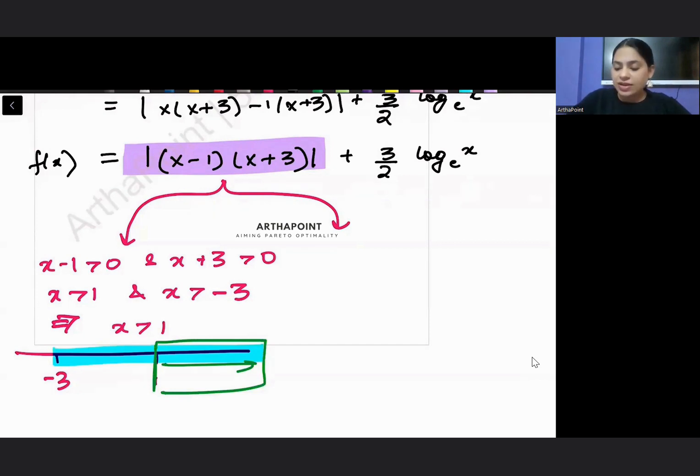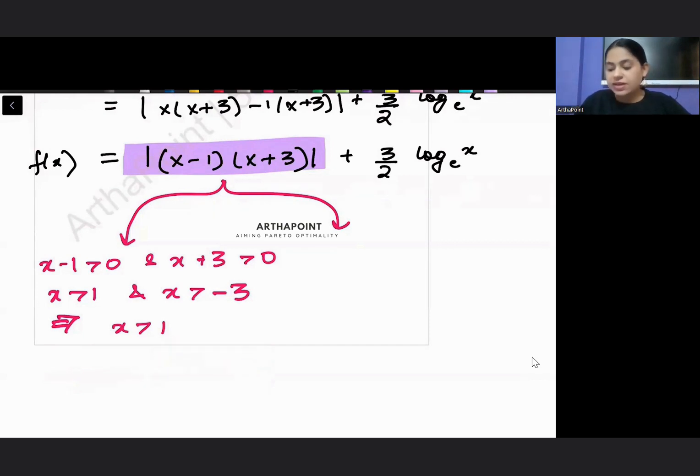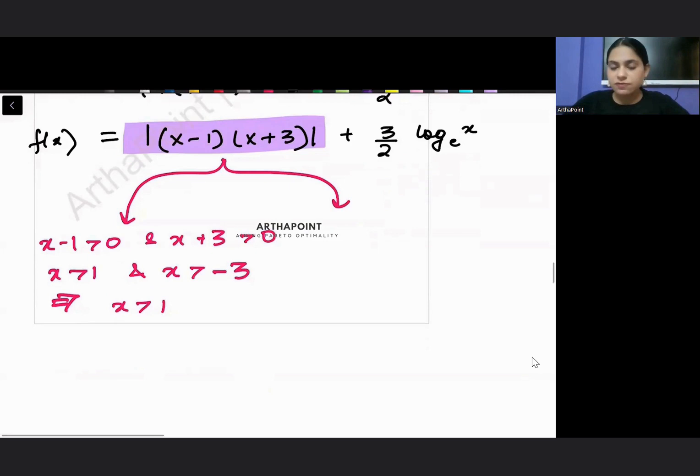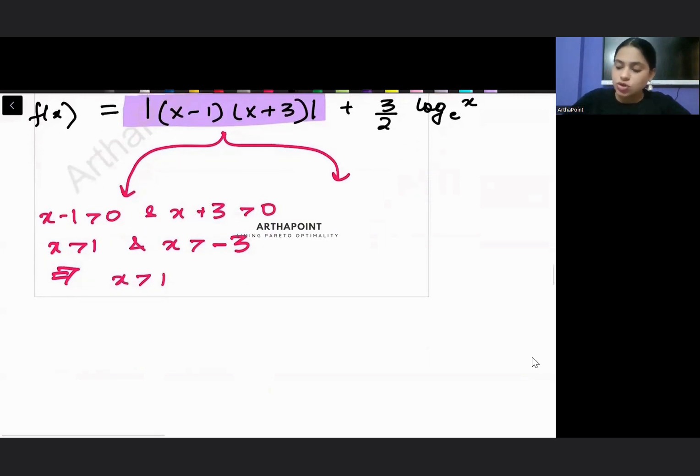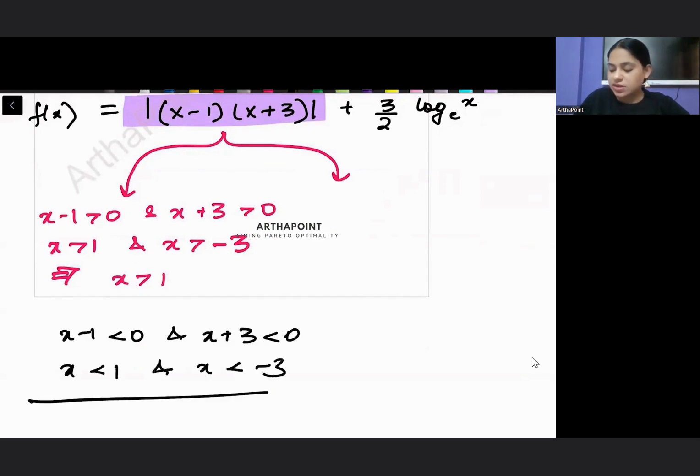Now the second part: at what other time can it be positive? It can be positive when both of them are negative. So this gives me x minus 1 less than 0 and x plus 3 less than 0. So x less than 1 and x less than minus 3. Again, if I club them, I will get less than 1 and less than minus 3.